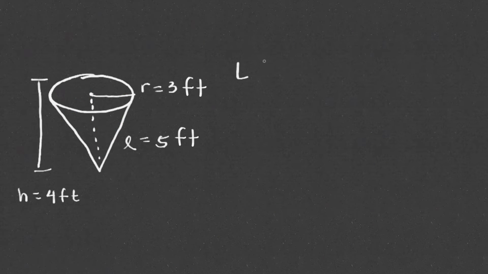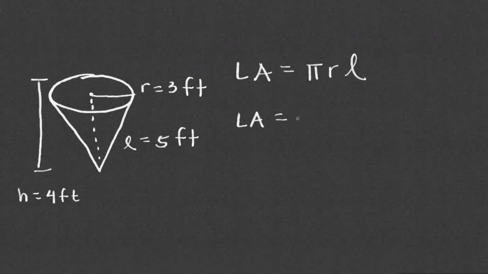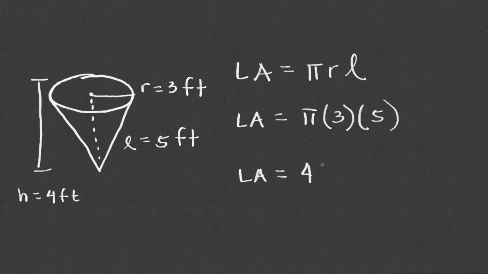So let's solve for it. We have a formula: LA is equal to pi r times the slant height. Therefore, let's substitute pi times 3 times the slant height, which is 5. So therefore, LA is equal to 47.12 square feet.